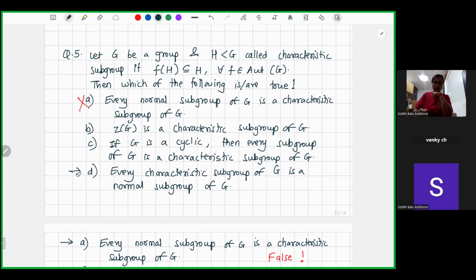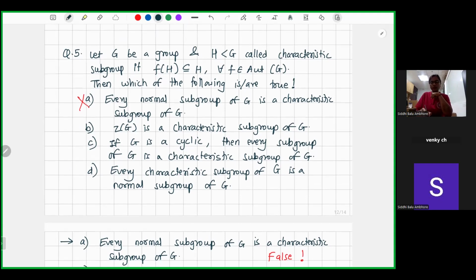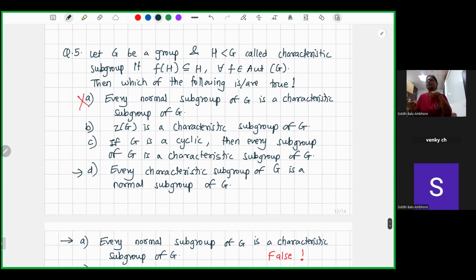So if we prove this last statement, that every characteristic subgroup of G is a normal subgroup, then B will always hold, right? Because Z(G) is always a normal subgroup.